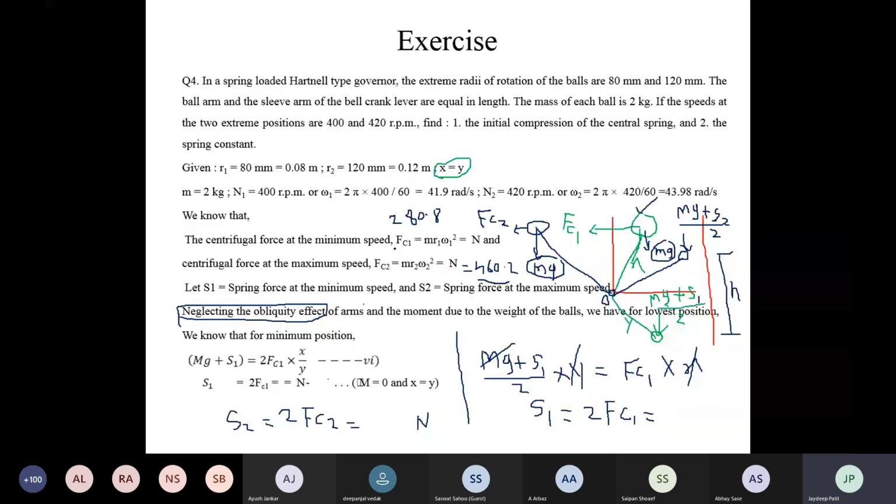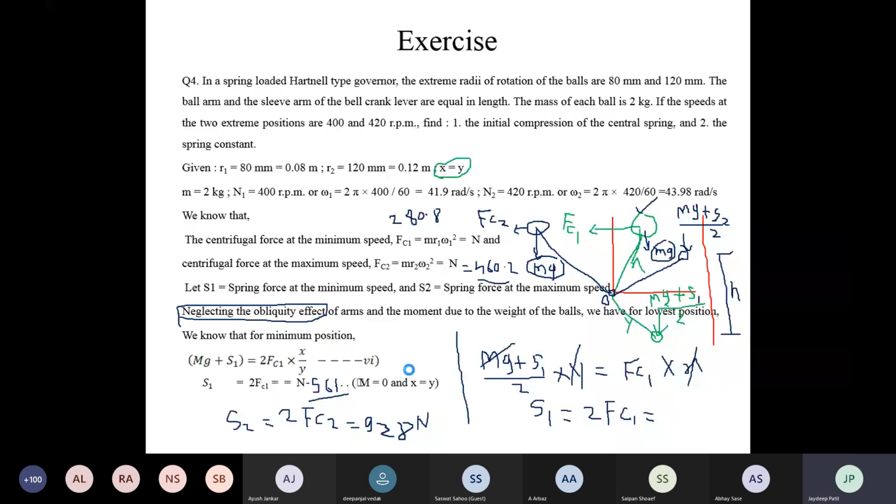S1 is 561 and S2 is 928.42. 928, correct. Note down these answers: 928 is S2 and S1 is 561.